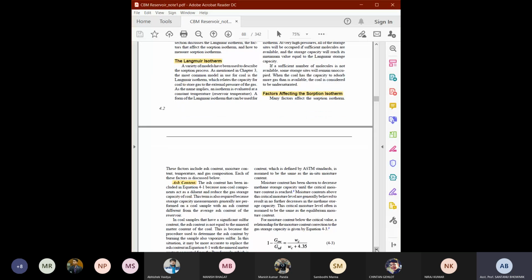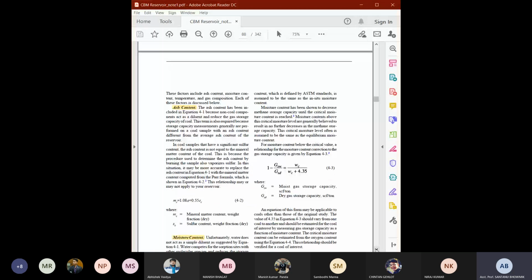Okay, if you have seen the equation, they have taken the dry ash-free basis, so obviously in the coal, in that case also, if you have not considered the dry ash-free basis, if you are going to consider the moisture basis or as received basis or any general total weight basis, then also this parameter will be very much important. Okay, why? Let us discuss.